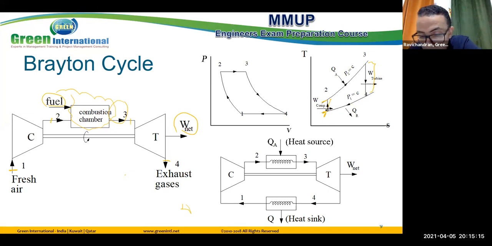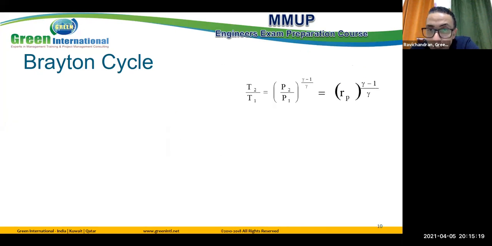Okay, the equation here is important and it's not given in the exam, so it should be memorized. We have two similar equations, a relation for 1 and 2 and a relation for 3 and 4.